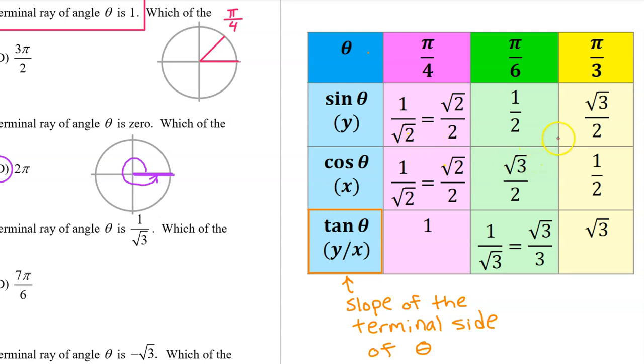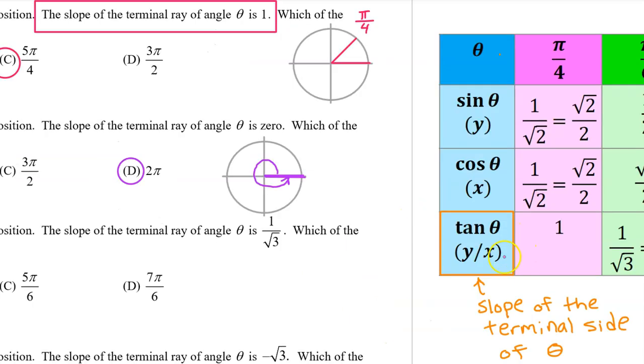You need to memorize the 9 trig values on this chart. So if you have not already done so, please pause the video and study the chart right now. The tangent of an angle is equivalent to the slope of the terminal side of that angle. So when they told us that the slope of the terminal ray is 1, they were telling us that the tangent is 1.